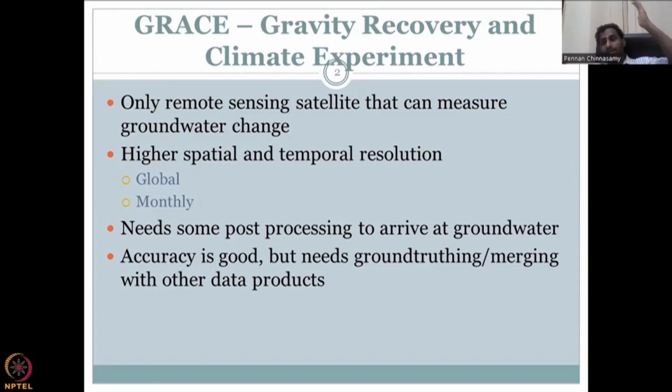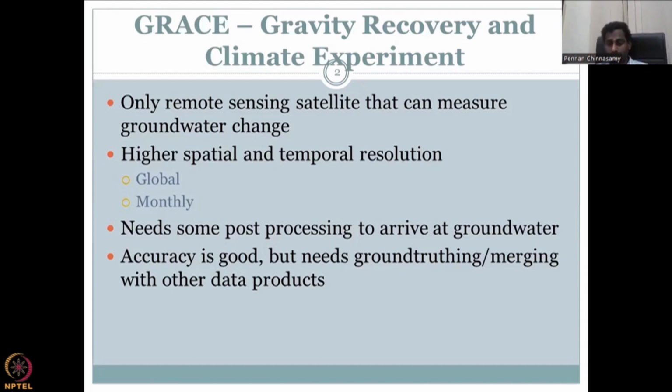What you get is a gravity change. How do you change the gravity anomaly? Anomaly is the change per unit time. How do you change the anomaly to a monthly reading or a groundwater reading is the question. That we will show in a very simple water balance equation. Accuracy is good.